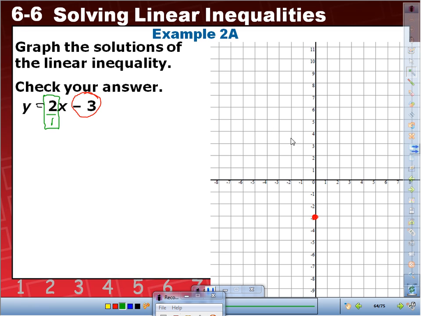So everybody, let's plot the points together. We got negative 3, and then we go 2 steps up, 1 to the right, and repeat. I said just plot the points. You don't need to graph your line yet.